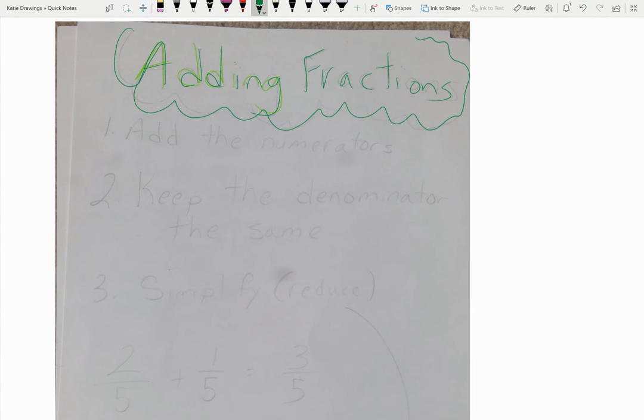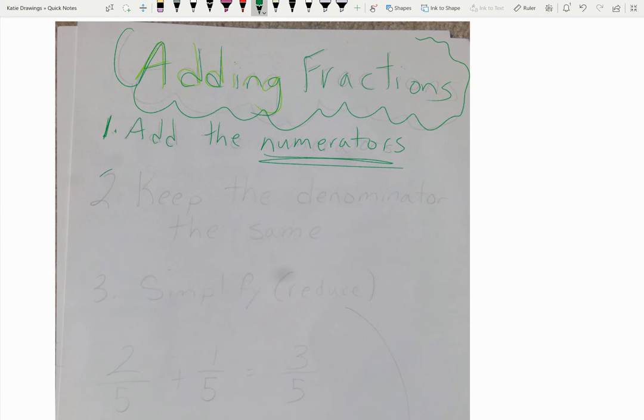So when we add fractions, the first step you're always going to do is to add the numerators. Remember, we had just talked about how the numerators are the numbers on top. So you're going to add the numerators.